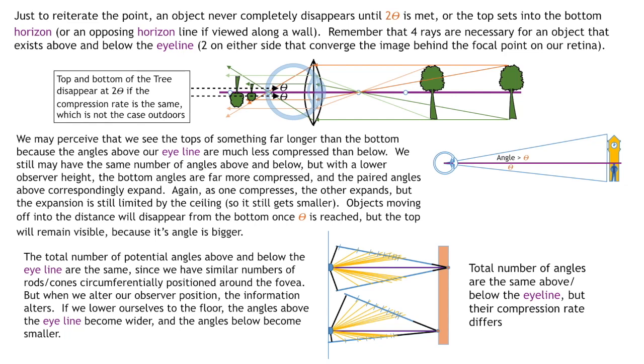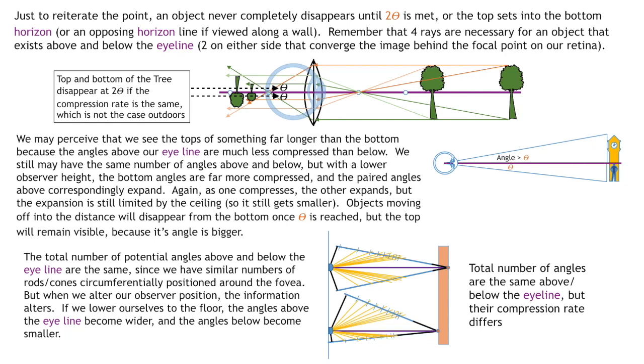Here, with our tree diagram, I'm representing the top and the bottom of the tree disappearing at 2 theta, but that's if the compression rate is the same, which is of course not the case outdoors. You are closer to the ground than you are to the ceiling or sky.